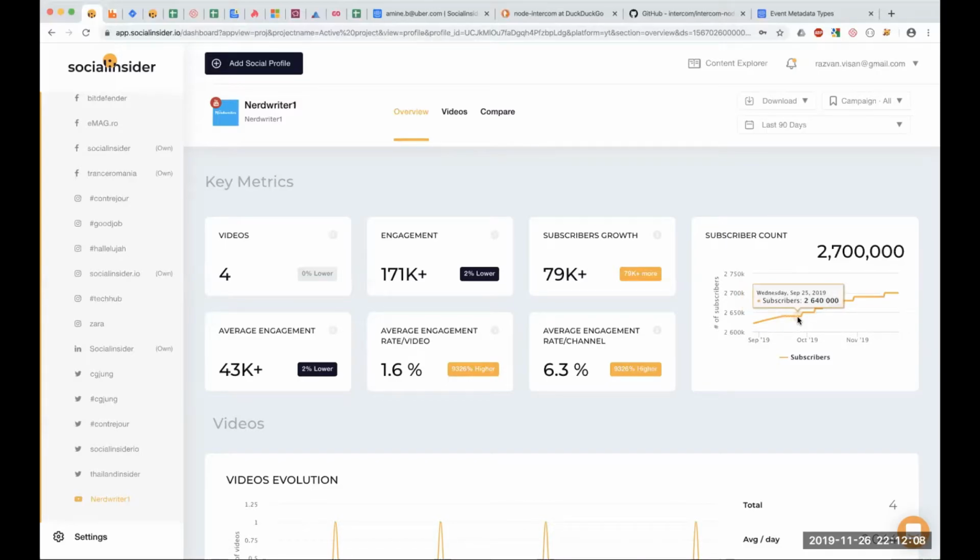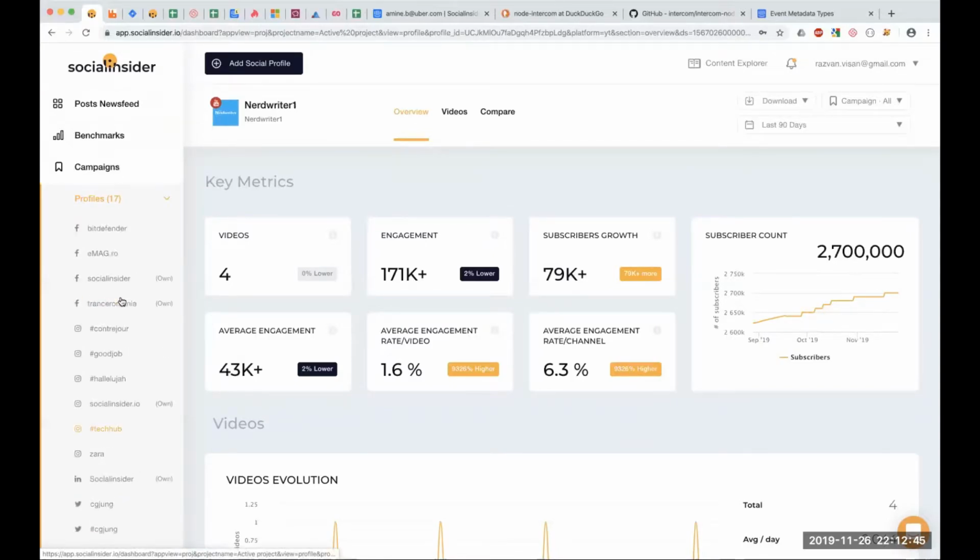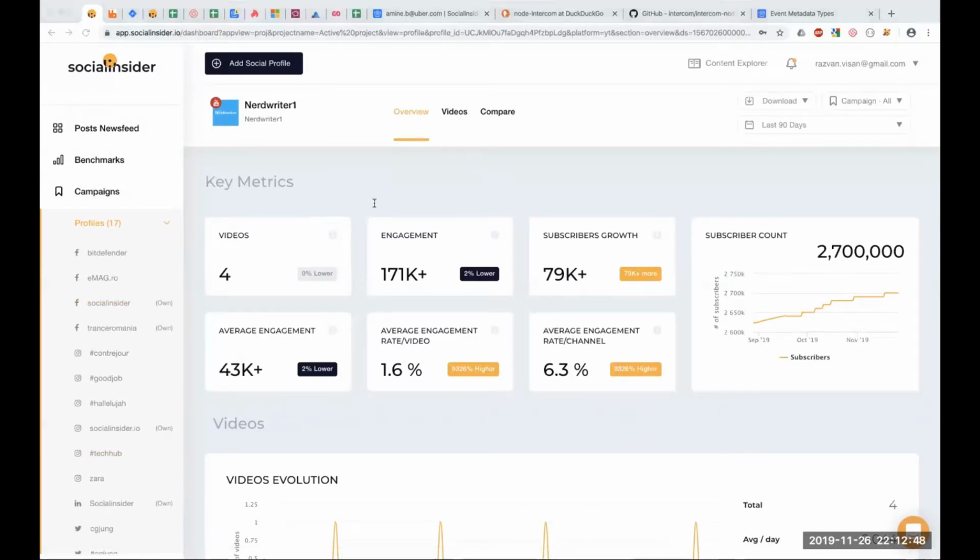So, for instance, for this channel that has 2,700,000 subscribers, it would only show up when it grows with 10K subscribers. So you see here a flat line. The whole month, these whole 2 weeks, it grew only with 10K, and this whole month only with 10K, but no more granular numbers. So this is a thing to note. But other than this, it's pretty much the same.